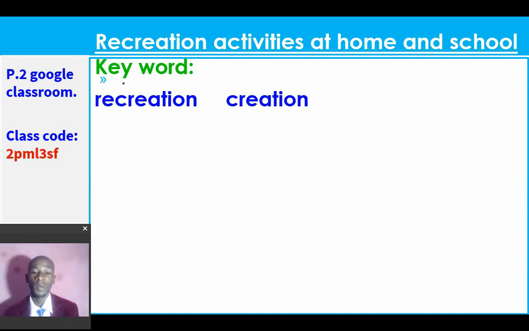From the word creation, which other small word can we get? We can get the word create. The first 5 letters give us the word create, meaning you do something like maybe frying chapati, cooking, or making some cakes.